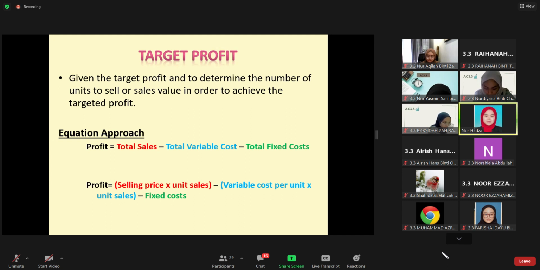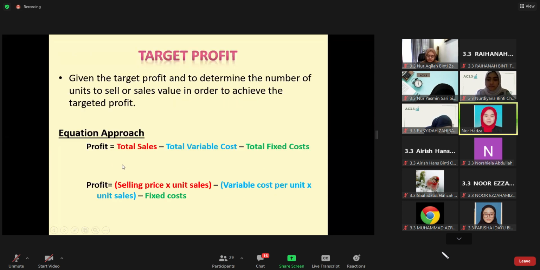Again, either by using the equation approach or the contribution margin approach. This is the equation approach. If you're using the equation approach, this will be the target profit. By using this approach, you should be able to calculate the number of units that need to be sold in order to get the desired profit.